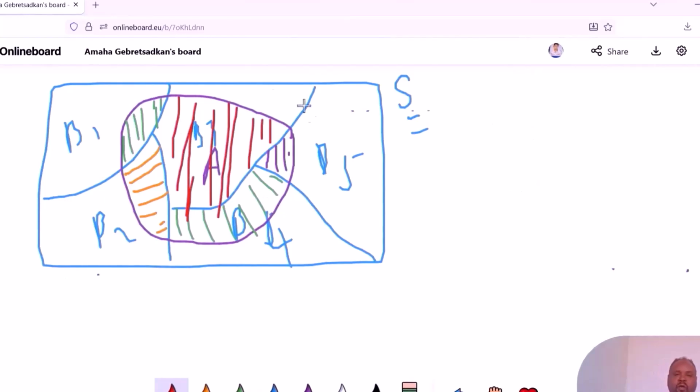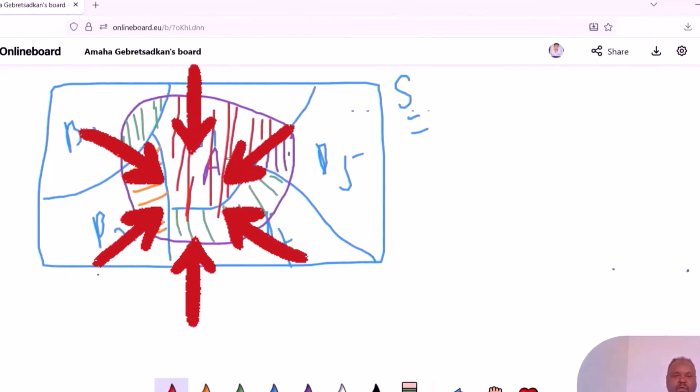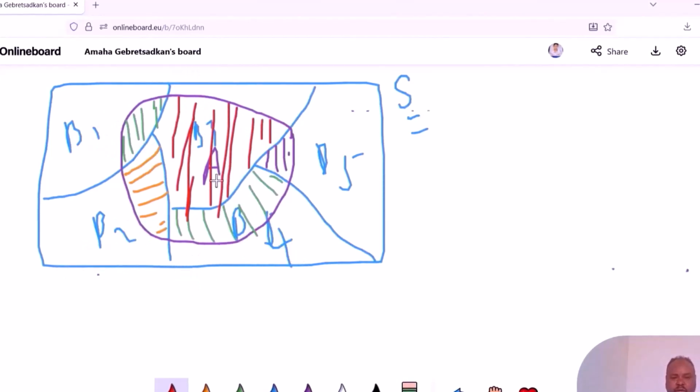So, the probability of A is nothing but the probability of this shaded area, the probability of this one, the probability of this area, the probability of this area shaded by red pen, right? So, getting the probability of A is the sum of these all. That is why we say total probability.